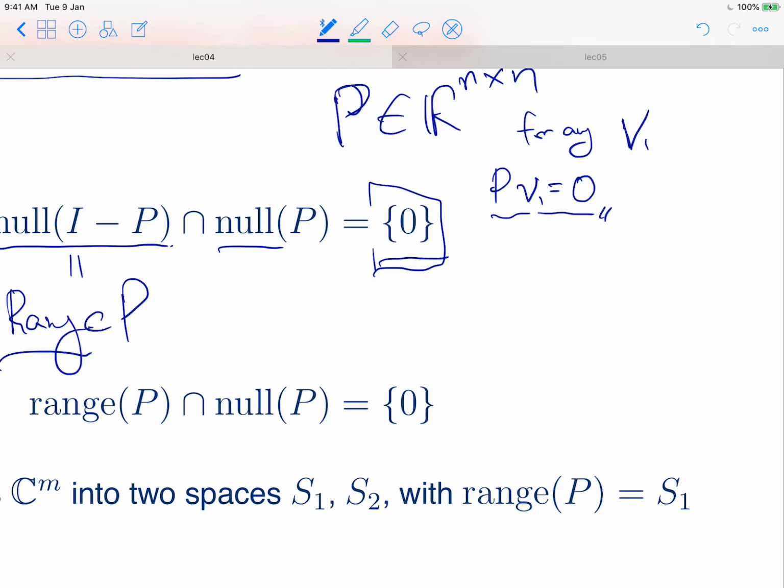Another vector that we consider as an element in the column space can be represented as P times V2. So we consider another vector V2, which works as a linear combination of the columns of P. Okay, and this one can be represented as one element in our column space, right?